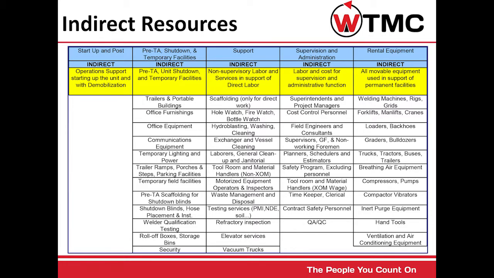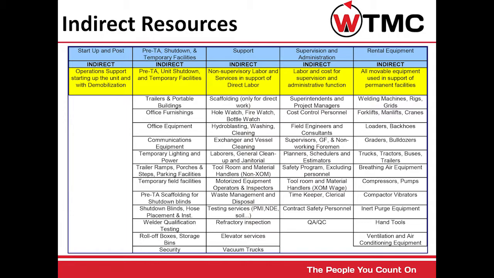Indirect resources. In the table below, you have examples of indirect resources. In column 1, there are startup and post activities, which are indirect. There are pre-turnaround, shutdown, and temporary facilities, also indirect resources.